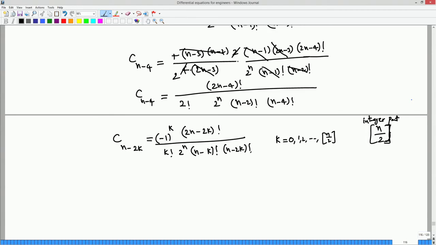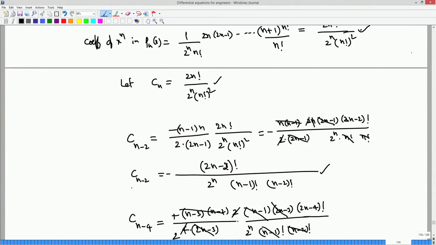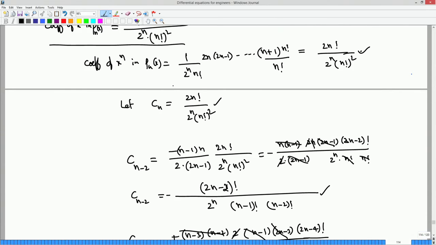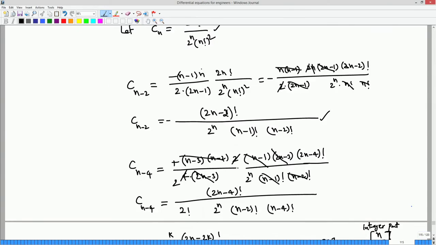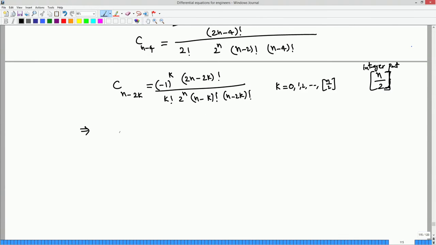This is what you will get. Okay. Now, simply your solutions, because I have already explained, if you take Cn which is the coefficient of Pn, it has to be the same Legendre polynomial, the Pn.